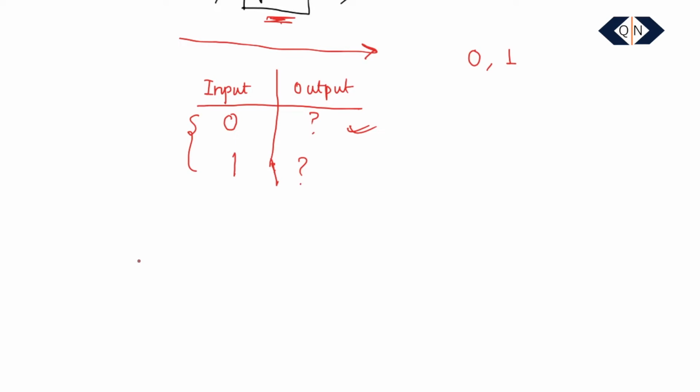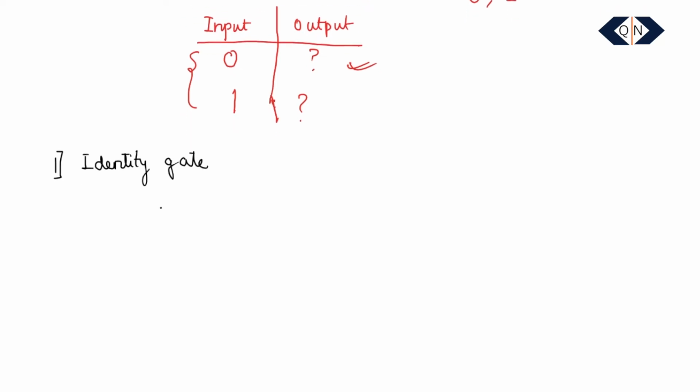So if I talk about the identity gate, identity means it will remain unchanged. If there is an identity gate, we generally represent it by this.